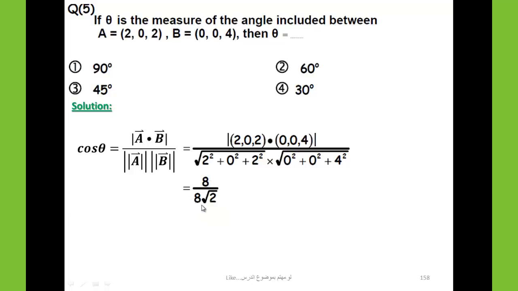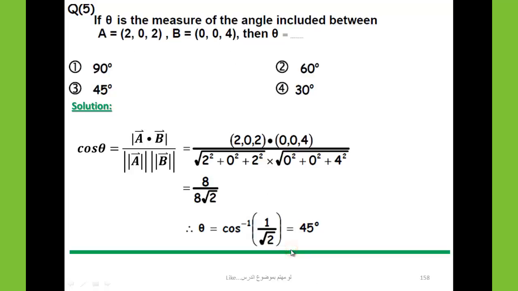As 8 over 8 root 2 equals 1 over root 2 in the simplest form, theta equals cosine inverse of 1 over root 2, which equals 45. So the measure of the angle included between the two vectors is 45.